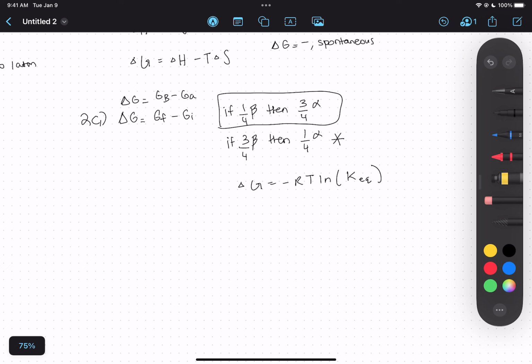Let me resume that screen recording, and then for 2C2, it's basically just plugging in different values. What is it?